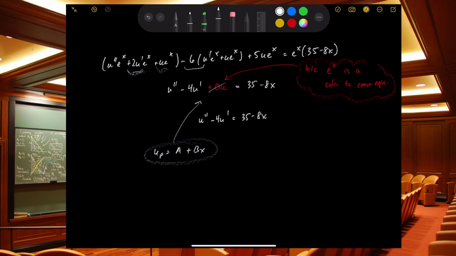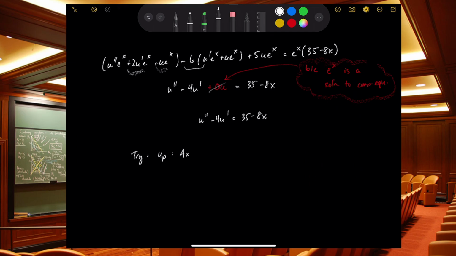So we won't have the x term that we need for it to equal the right side, because once we take the derivative, it'll just be 0 and then a constant. So that's the problem.